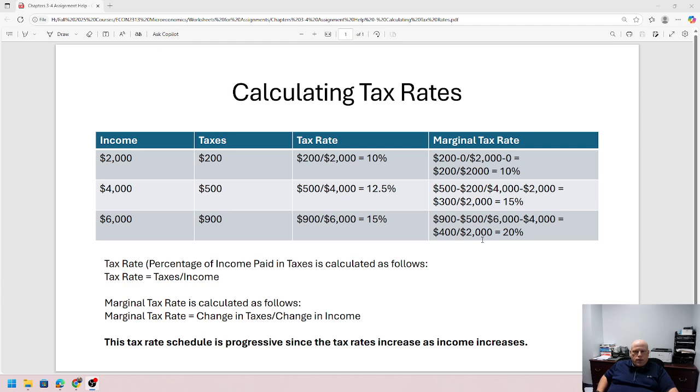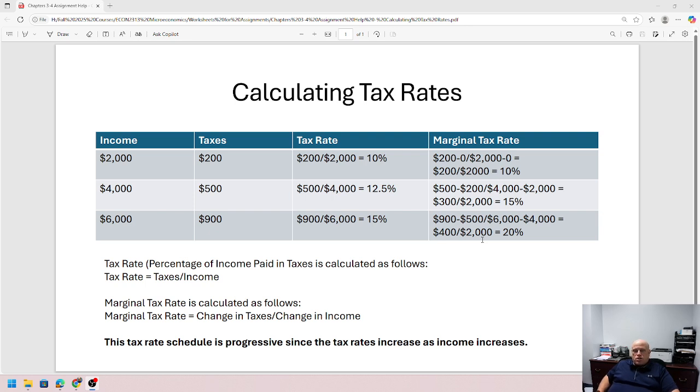Okay? One of the other questions on the assignment is to look at the tax rates and how they are either increasing or decreasing as we move down through the table as income increases, to determine whether the tax system we're looking at is regressive, progressive, or proportional. Of course, we already know it's not proportional because we got different tax rates for different levels of income.